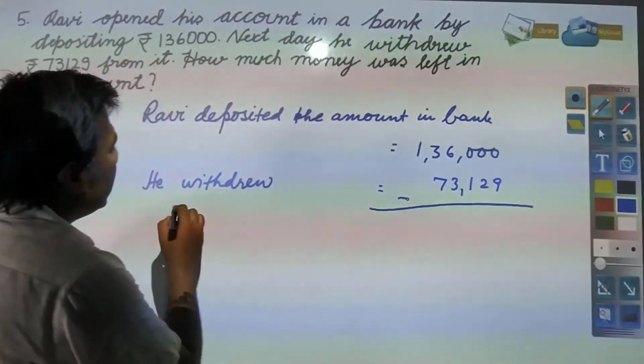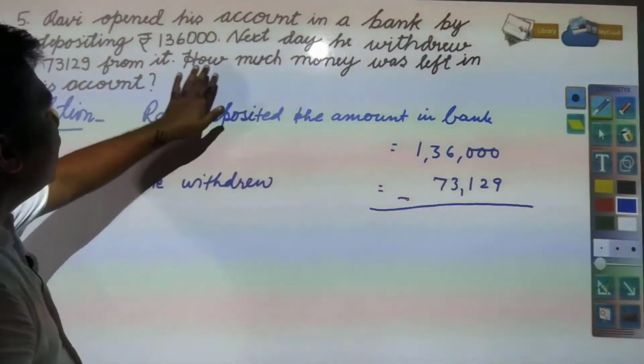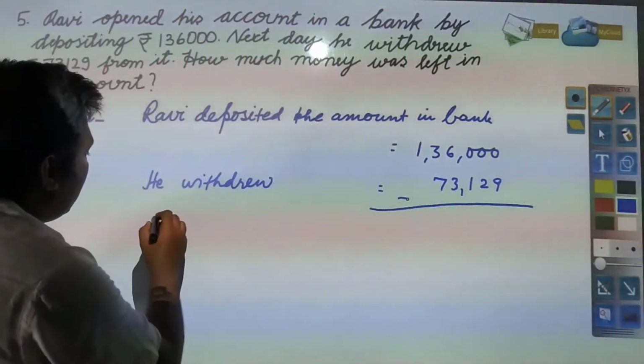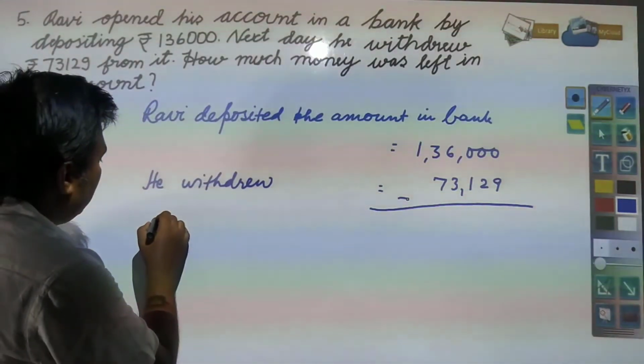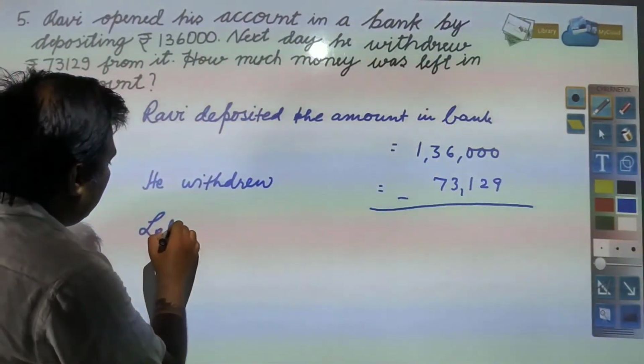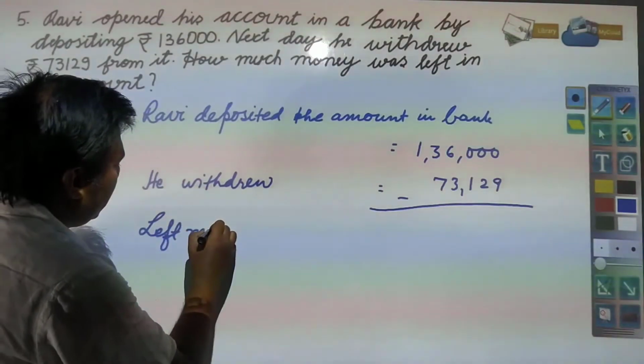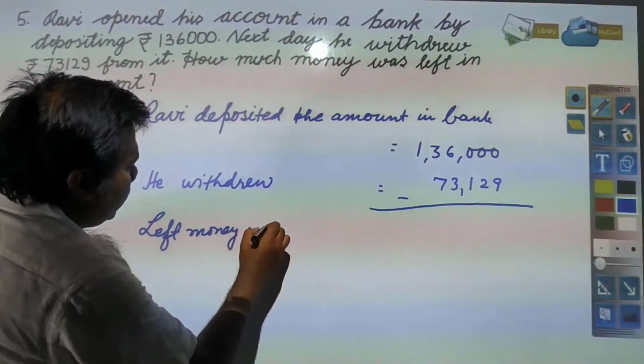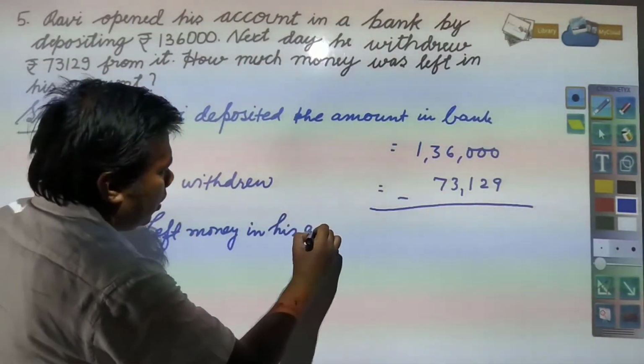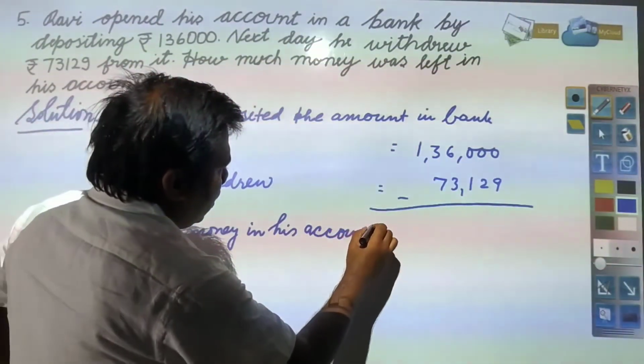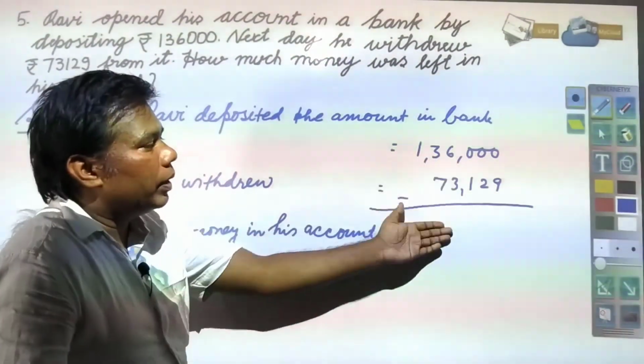So now he is left with in his bank. How much money was left in his account? Left money in his account is equal to the difference of this.